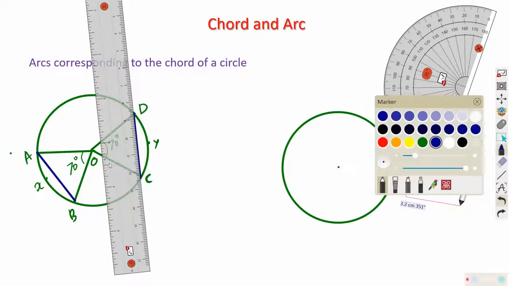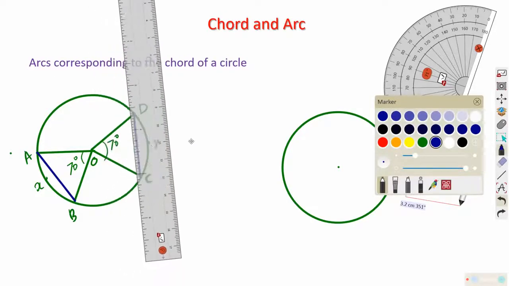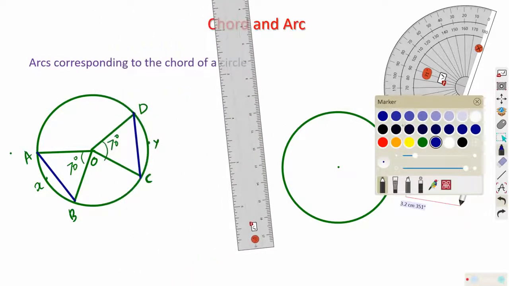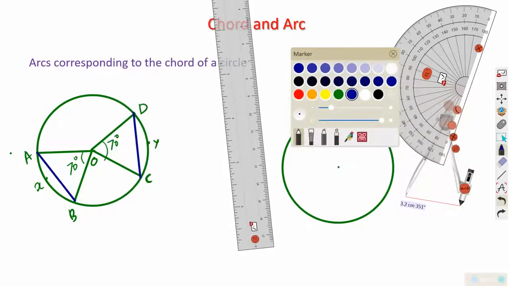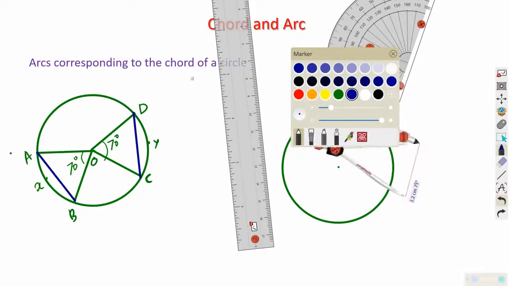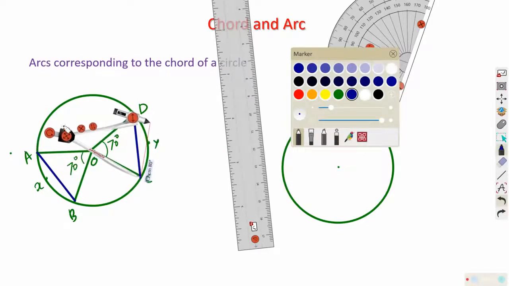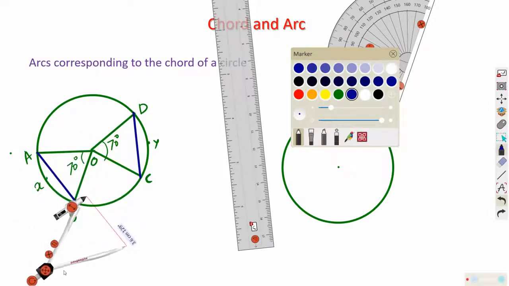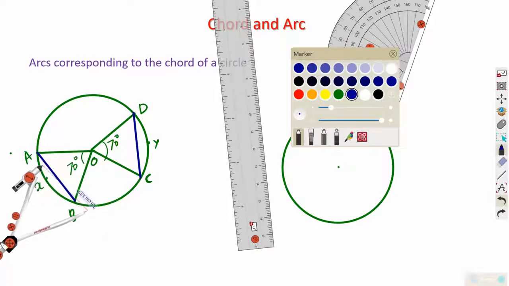Now we have to check whether these chords are of the same size. I can check it using a ruler, or I can check it using the compass also. That is a method of measuring with a compass. That will be easier now. Some little bit of accuracy issue will be there, because I am using a digital compass over here.